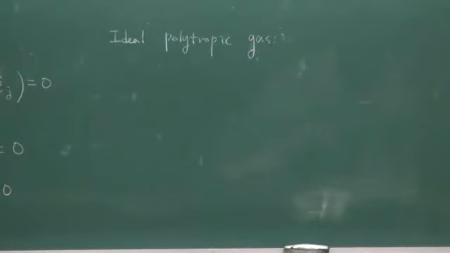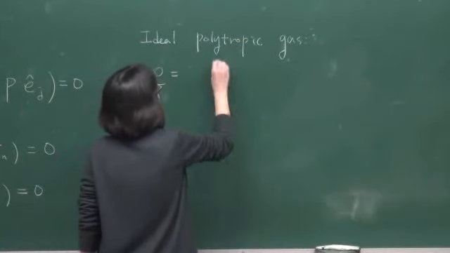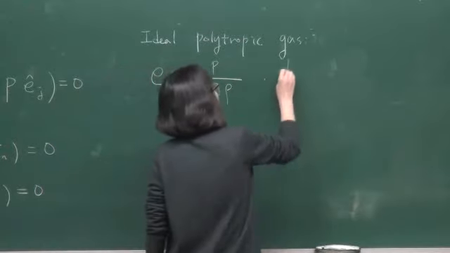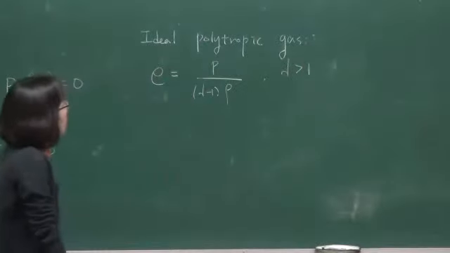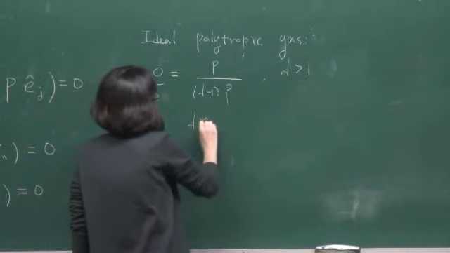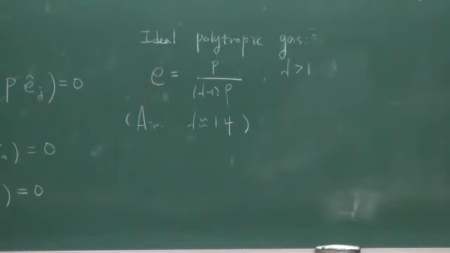So ignoring all this physical meaning of that, for an ideal polytropic gas, the internal energy is given by the following relation. e is going to be P over gamma minus 1 over rho, where gamma is a constant bigger than or equal to 1 normally. For example, air has this constant gamma of about 1.4. Okay. So now you will notice air is also in the category of this flow, which is described by the Euler system here. So this is the unsteady Euler system.